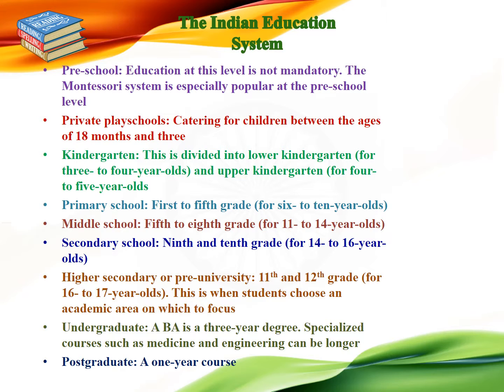At this higher secondary or pre-university level, students choose an academic area on which to focus. Then undergraduate, where a BA is a 3-year degree, and postgraduate, a 1-year course.